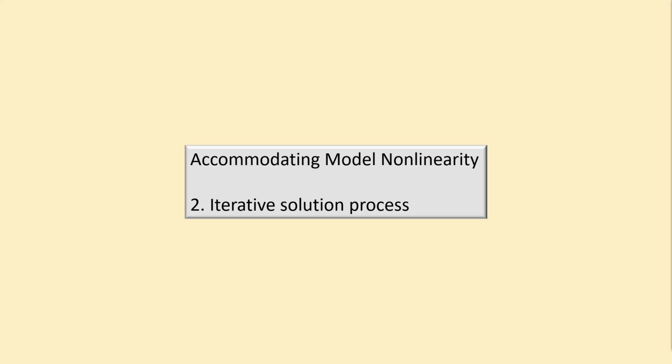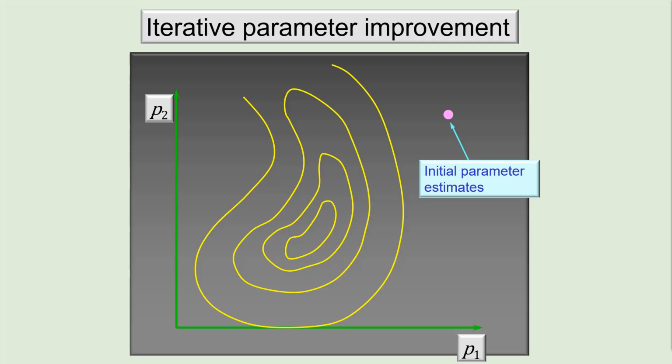The second way that we have to accommodate model nonlinearity is to recognize that because we're dealing with upgrades to parameters and not estimating the optimal parameters directly, this whole procedure becomes iterative. That is, it has to be repeated many times. We start with our initial parameter estimates. Calculate a Jacobian matrix. Use that Jacobian matrix to calculate an upgrade vector.